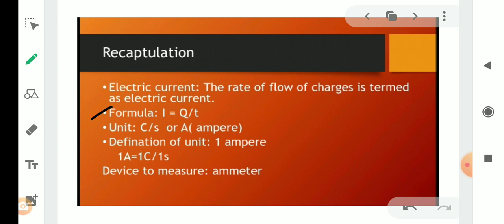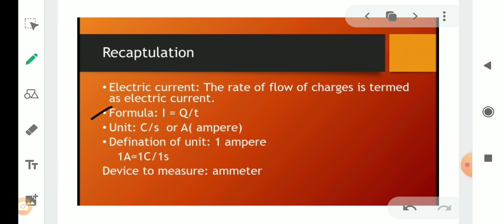If one of the unknown terms is given, we can calculate the given things. Next, the SI unit of electric current is coulomb per second, because the charge is having a unit coulomb and time second.